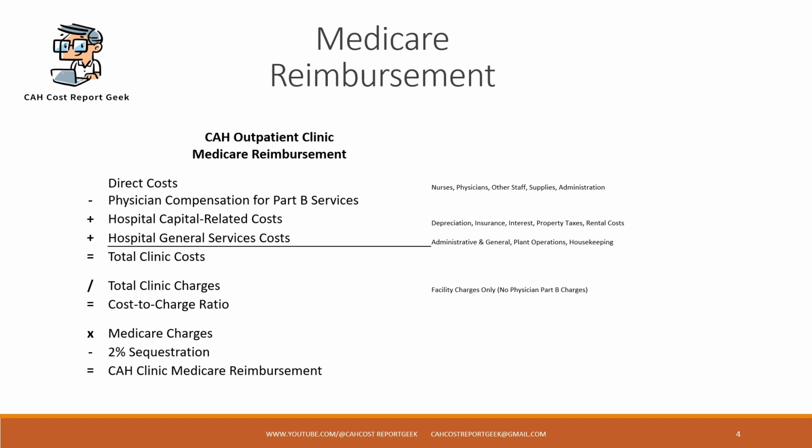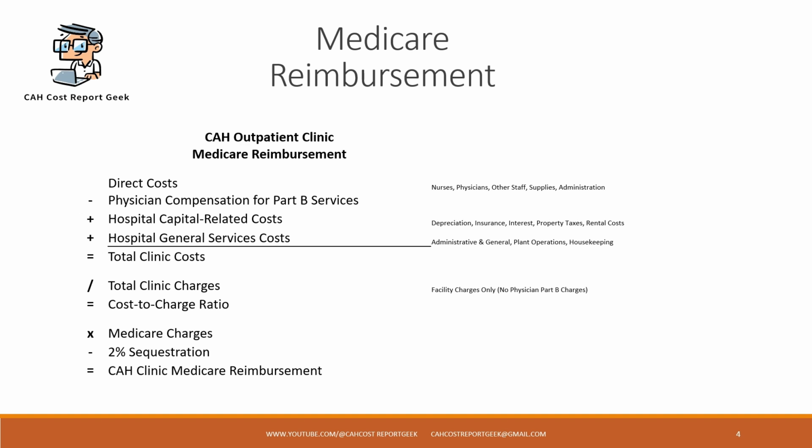Next, we add the allocated or indirect hospital costs for capital-related costs, including depreciation, insurance, interest expense, property taxes, and rental costs. Then we add the allocated or indirect hospital costs for general services costs, including administrative and general costs, plant operations, and housekeeping costs.